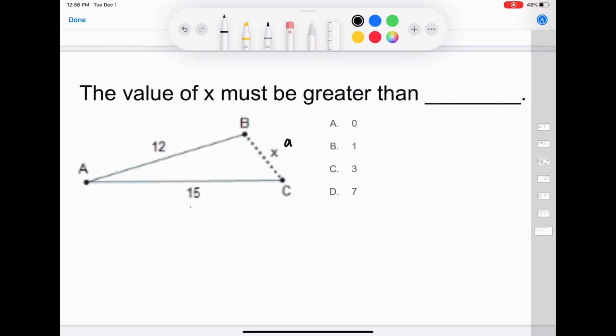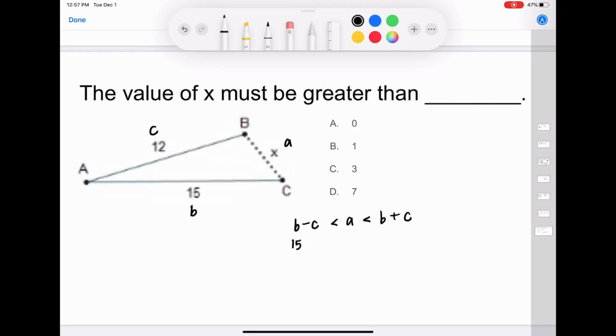So A, B, and C. If we're looking for the missing side, we want to do B minus C, and we're looking for X, or what would be known as A, and then B plus C. So let's go ahead and do that.